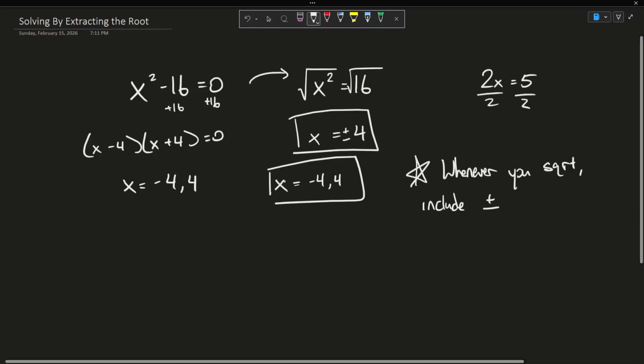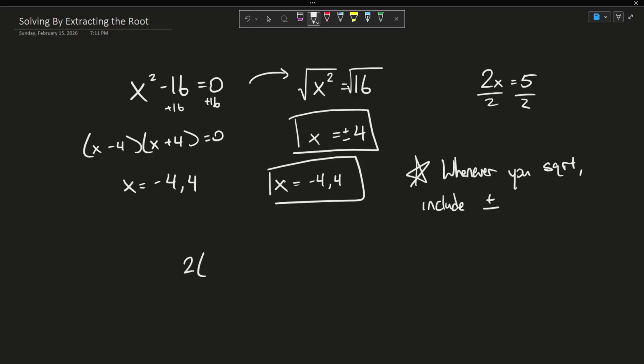Let's look even further. Let's see that this application works beyond this. Because, for example, if I have this expression right here, 2 times (x plus 1) equals 4, solving algebraically, you can distribute the 2, multiply it, get 2x plus 2 equals 4.